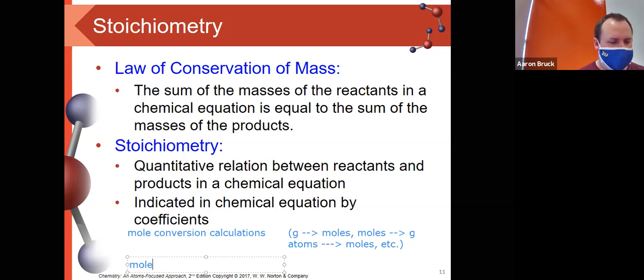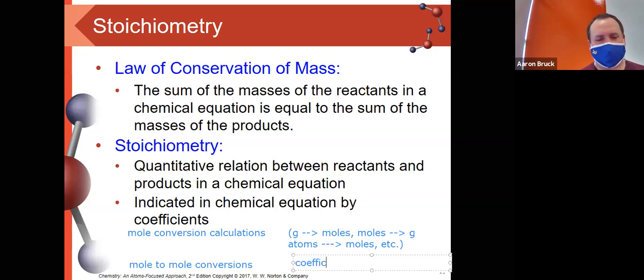The other type are mole-to-mole conversions, and those use the coefficients from the balanced equation.